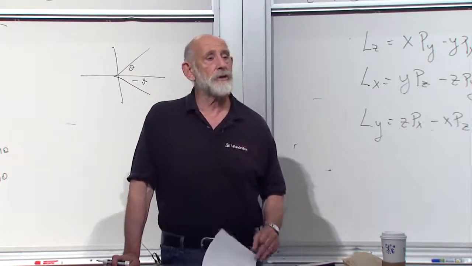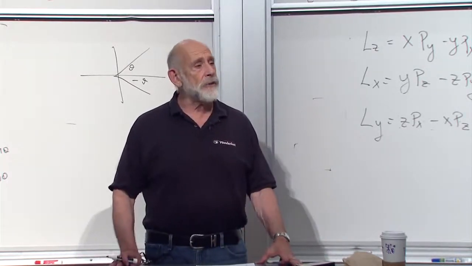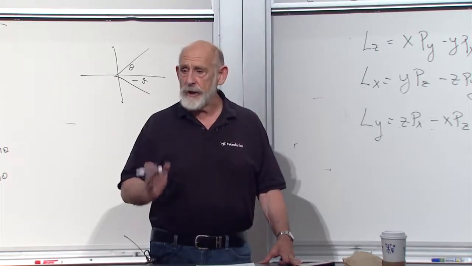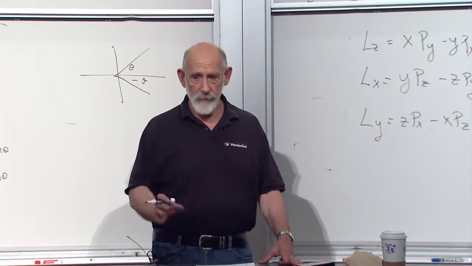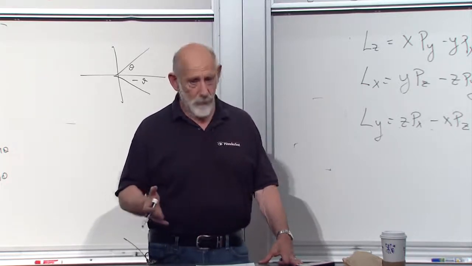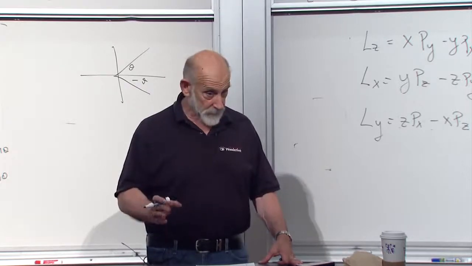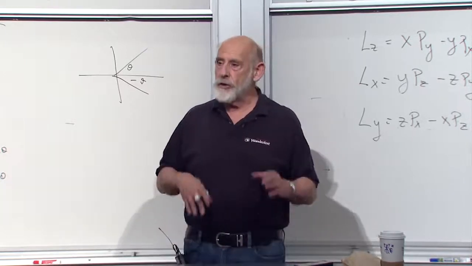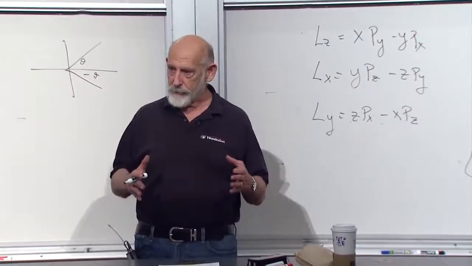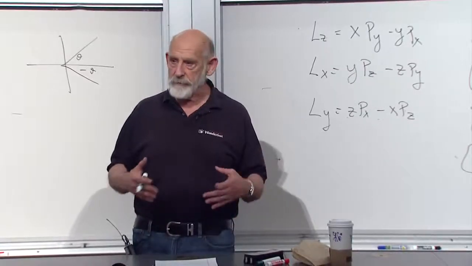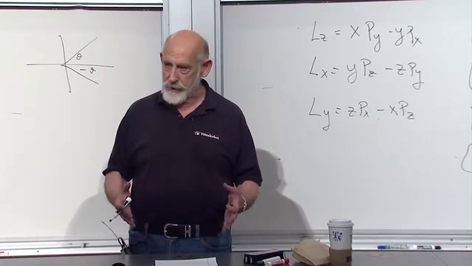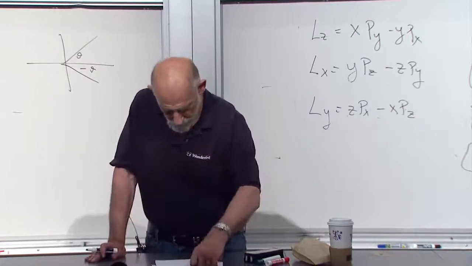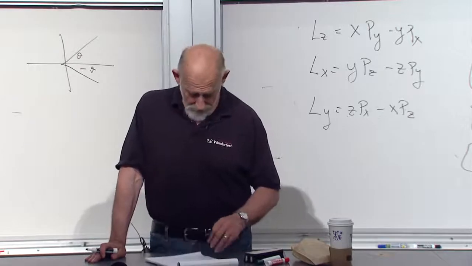We're going to construct creation and annihilation operators, but the creation and annihilation operators are not going to change the energy. What they're going to change is the z component of angular momentum. Now, why do I pick the z component of angular momentum? That's arbitrary. Remember, in quantum mechanics, if you want to actually work with things, you usually have to pick a preferred set of operators which you regard as defining a basis.